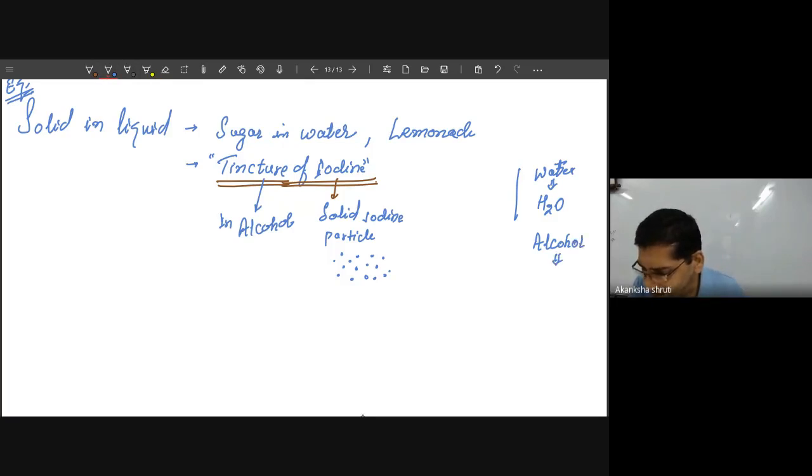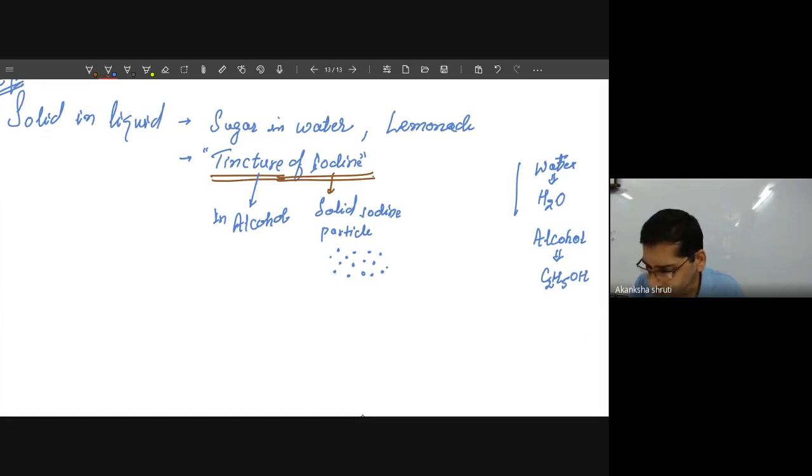It always represents C2H5OH. This is ethanol I am taking. It is possible to have a slight amount of methanol and propanol also. You will learn in class 10th carbon and its compounds. So alcohol always means this. Okay, we have to keep this in mind. So this is the chemical formula.